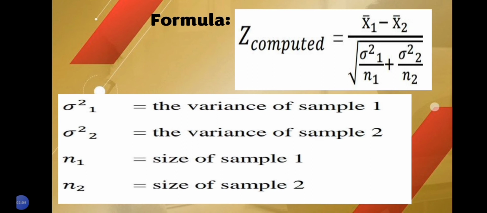S sub 1 squared is the variance of sample 1, s sub 2 squared the variance of sample 2. Note, if the given is variance, there is no need for us to square it. However, if the given is standard deviation, then square it for it to become a variance. Then, n sub 1 is the size of sample 1, and n sub 2 the size of sample 2.